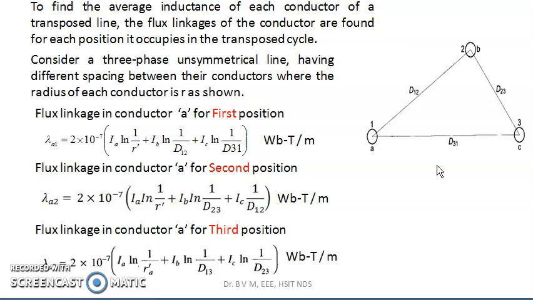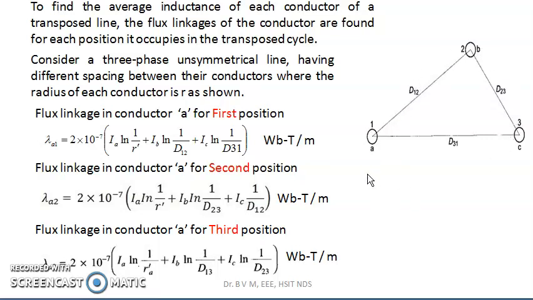In order to maintain the voltage drops in all three phases the same, we have to ensure that the flux linkages also remain the same. How do we ensure the flux linkages remain the same in all three conductors?